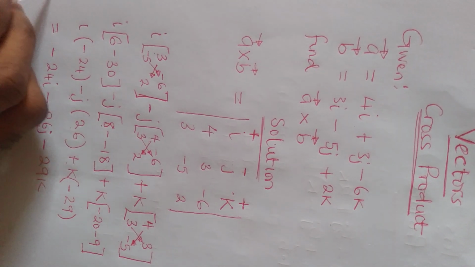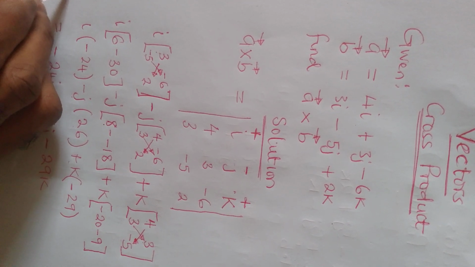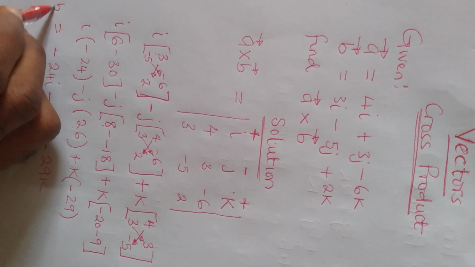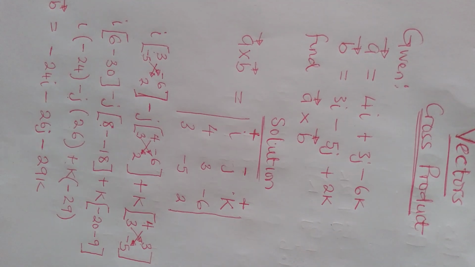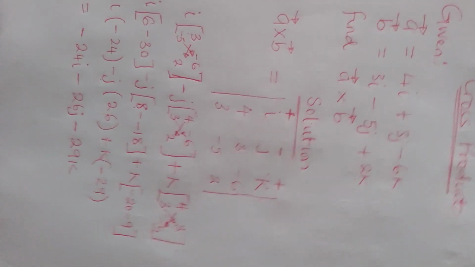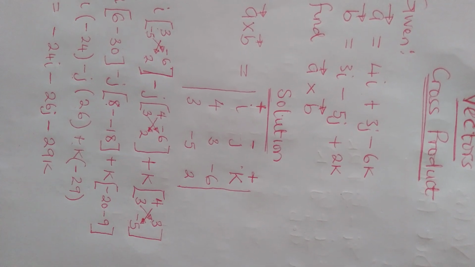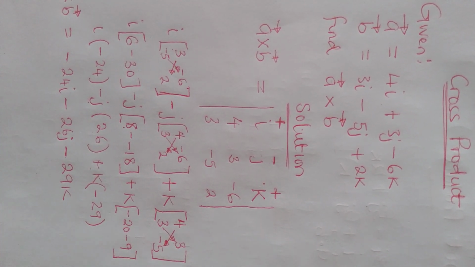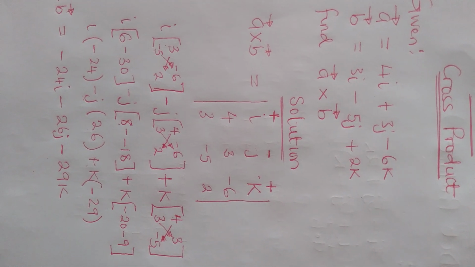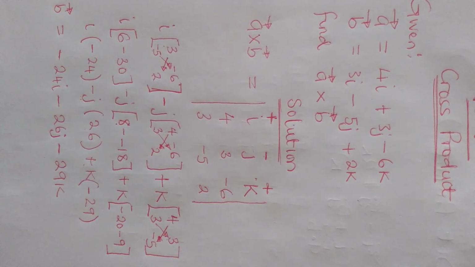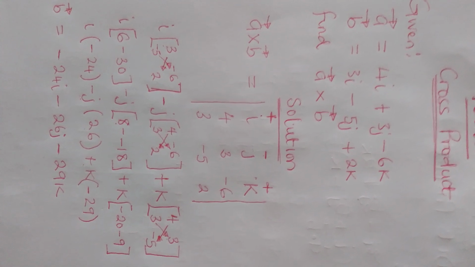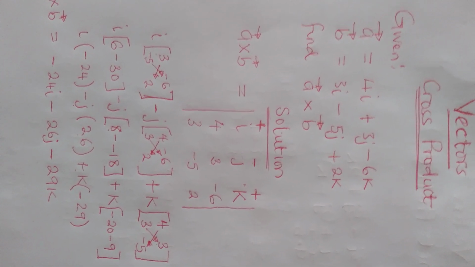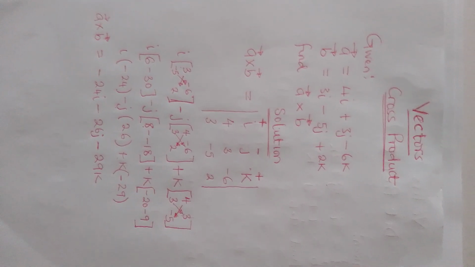So it means that the cross product of A and B in this case we are considering is minus 24i minus 26j minus 29k.